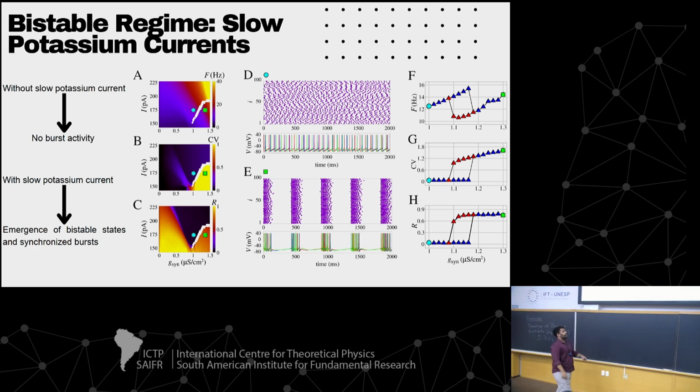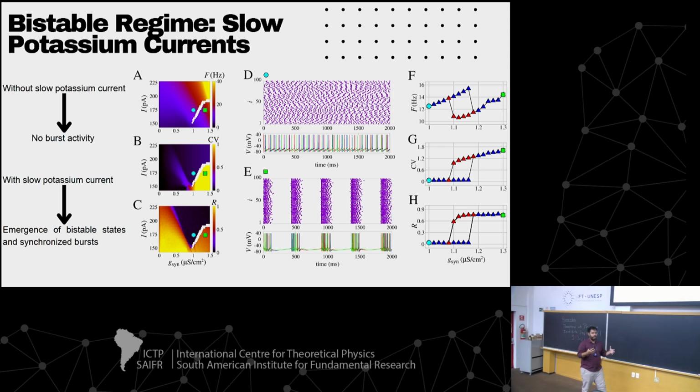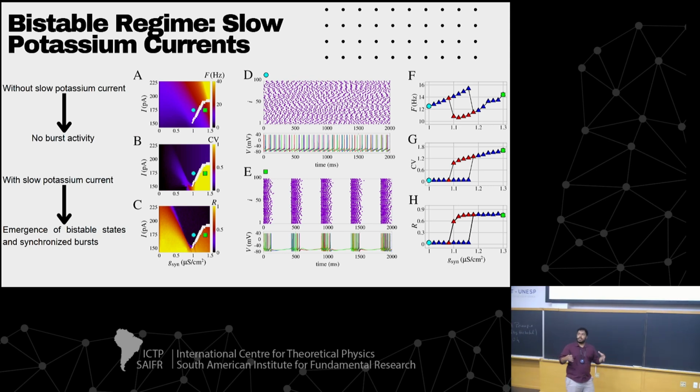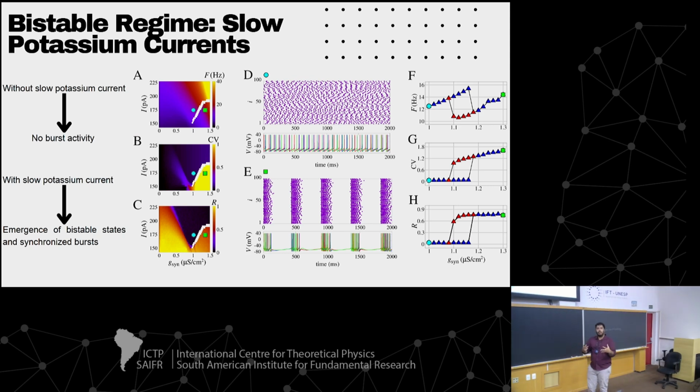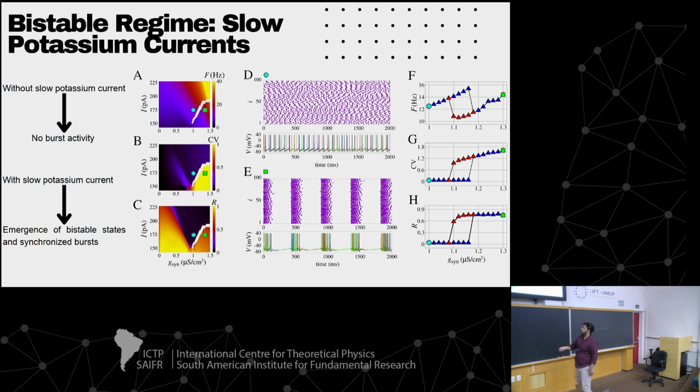This is very interesting because even though the slow potassium has a great role in the adaptation of the neuron, since it has slow dynamics to open and close during spikes, when we couple many of those neurons we can get those rich events of burst activity.